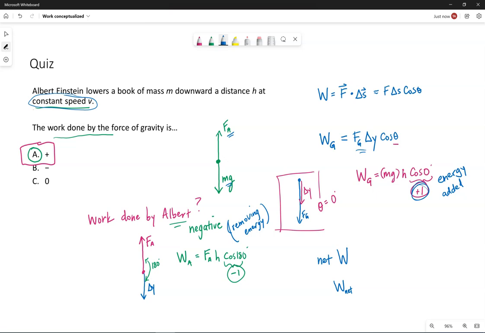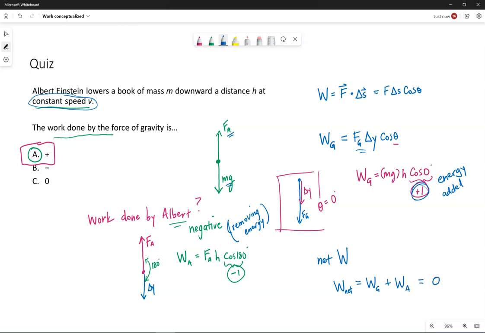So it would make sense that if work is related to forces, then the net work should be related to the motion. In this case, what we mean by net work is the work done by gravity plus the work done by Albert. I just called that A.